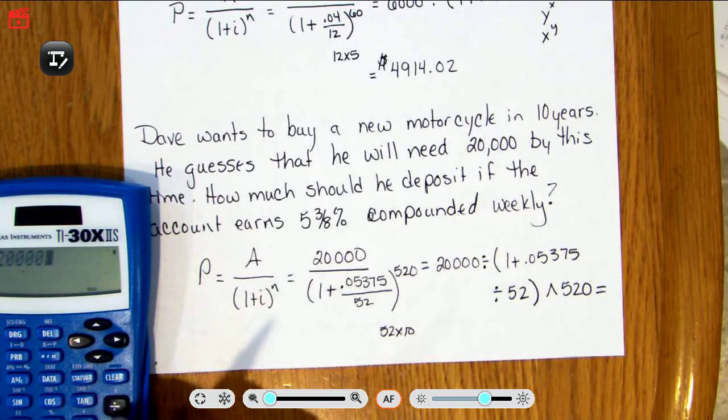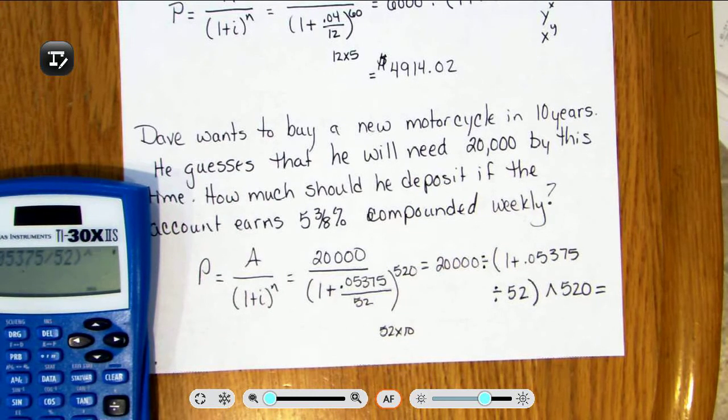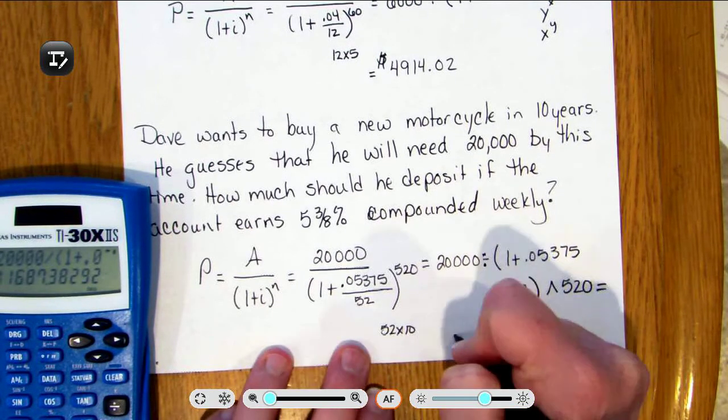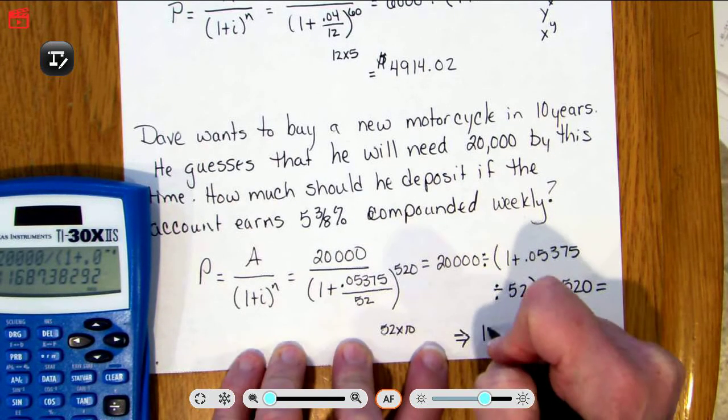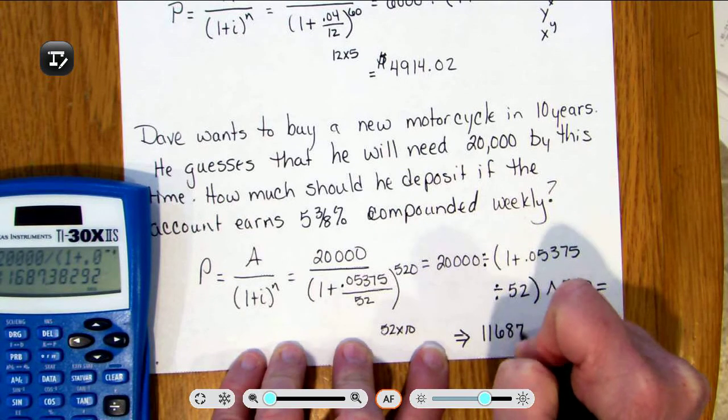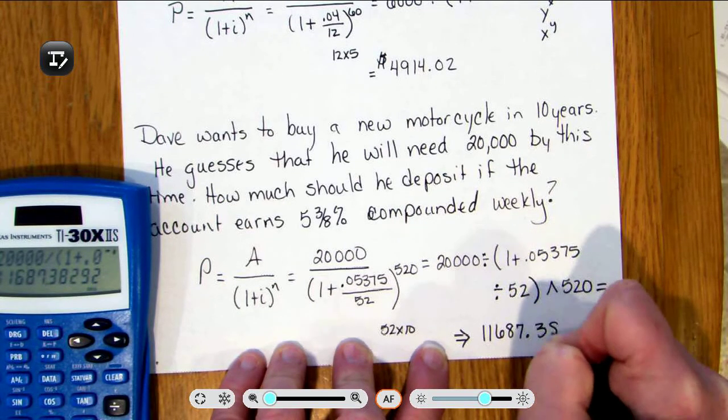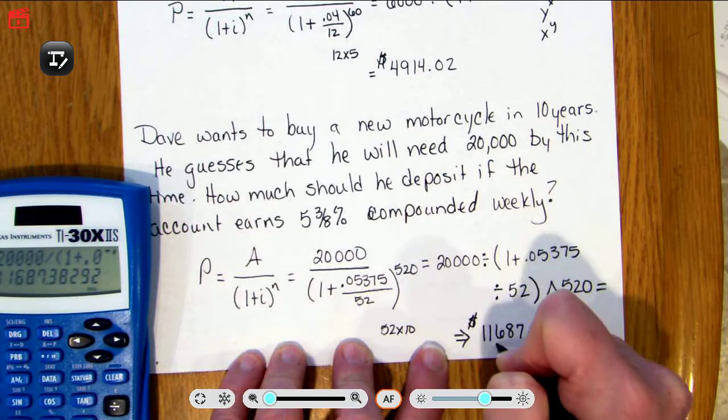Make sure to get all the zeros in there. Divided by parenthesis 1 plus 0.05375 divided by 52. Close the parenthesis to the power of 520. Hit my equal button, and I come up with 11687.38. There we go.